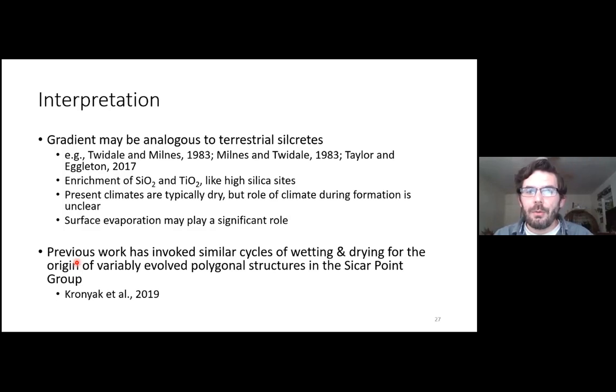We don't really know what the climate was at those sites for the formation of silcretes, but the present climates are typically dry, like Australia, and there are even some examples in New Mexico. And also, there's already been previous work in this location invoking cycles of wetting and drying for the origin of these large crack features in the general group that Stimson is a part of.